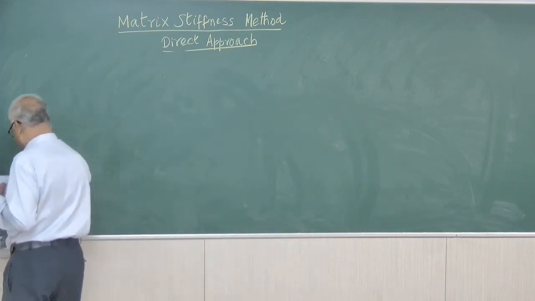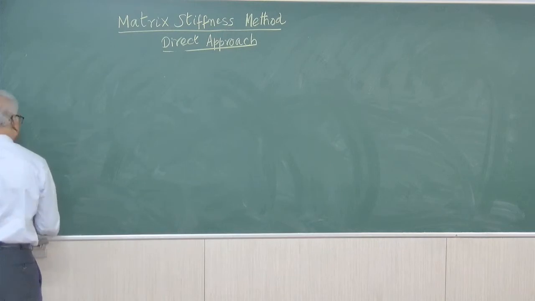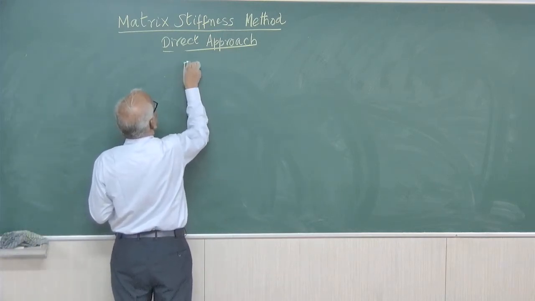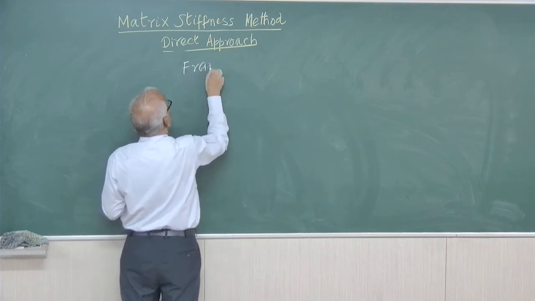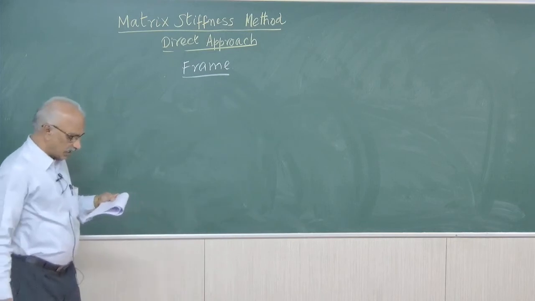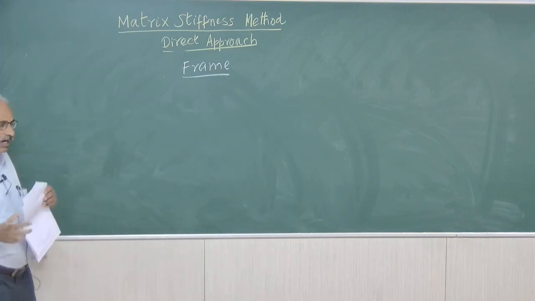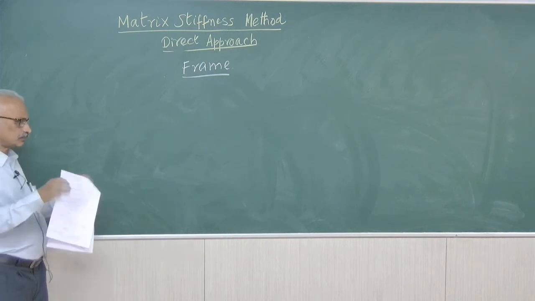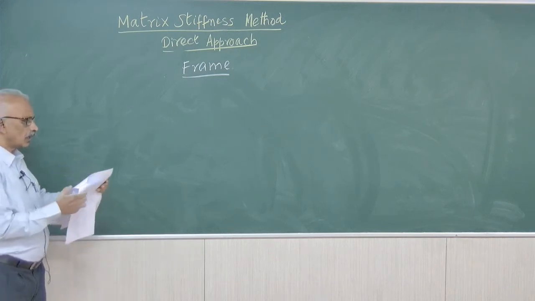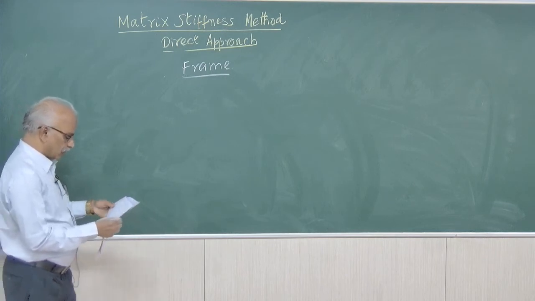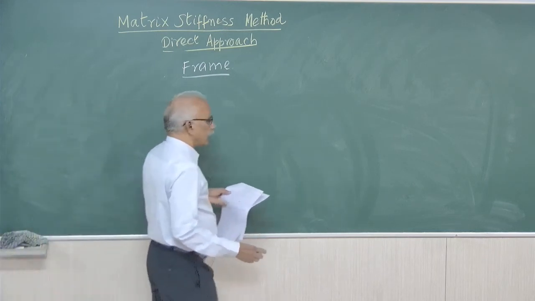Now, we will take up a frame problem, same matrix stiffness method, direct approach. We are going to take a frame problem again with the kinematic indeterminacy equal to 1. Now, the frame is like this.